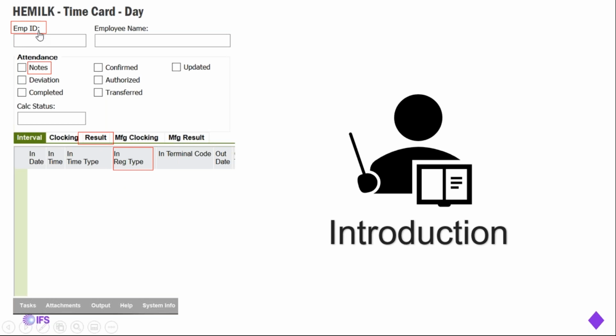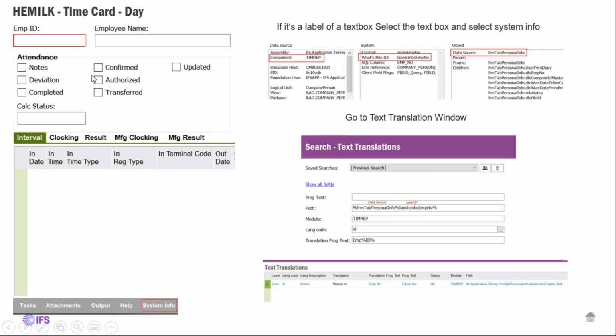So let's take one. In order to get a text box related translation, first you need to select the text box, go to system information, you need to get the data source, you need to get the component, and in the system tab you will be able to get the ID of the text box.